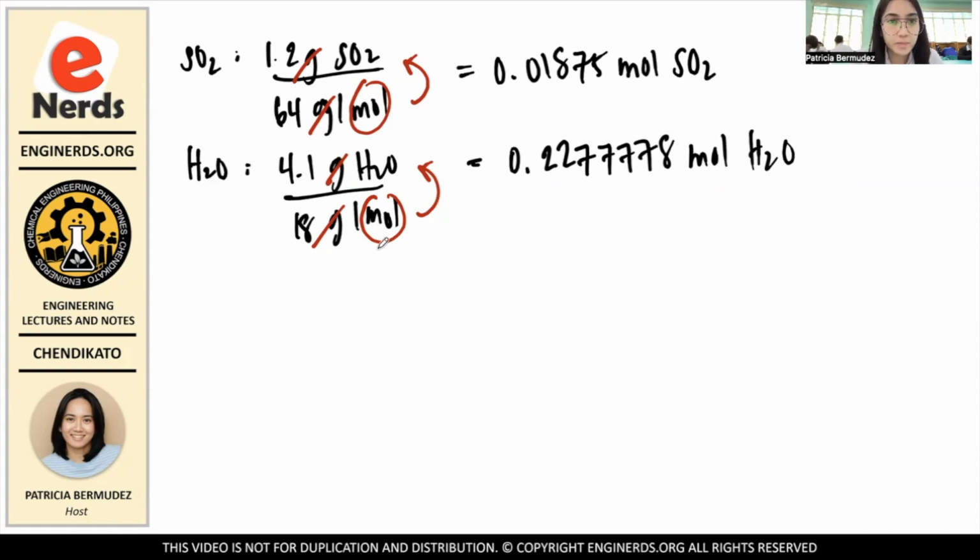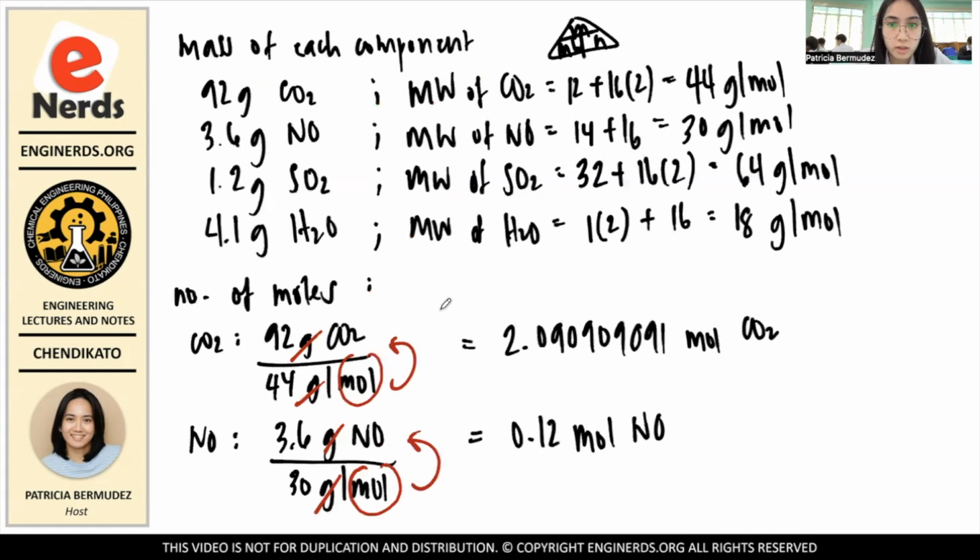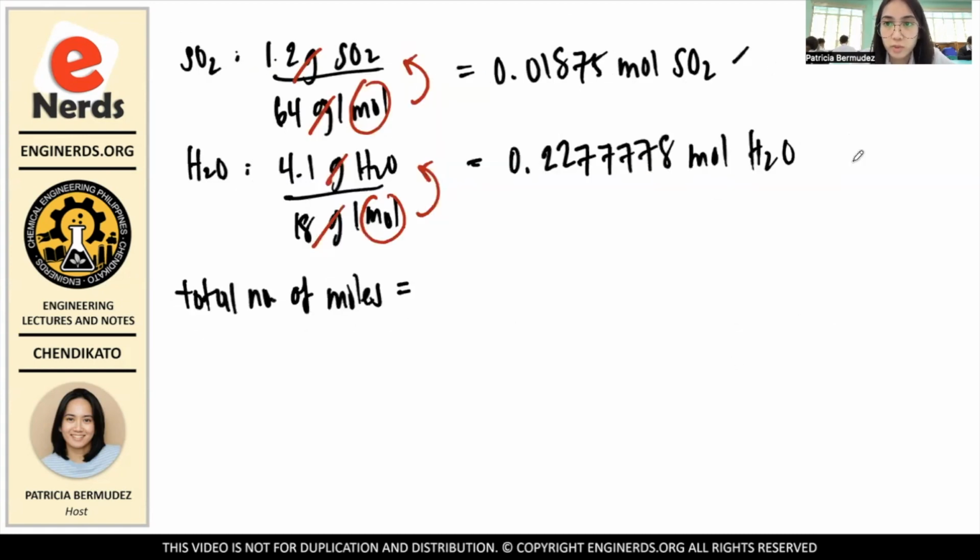So, now we have to find the total number of moles. So, the total number of moles is equal to the moles of carbon dioxide, NO, SO2, and H2O. So, the number of moles of CO2 plus the number of moles of NO plus the number of moles of SO2 plus the number of moles of water.